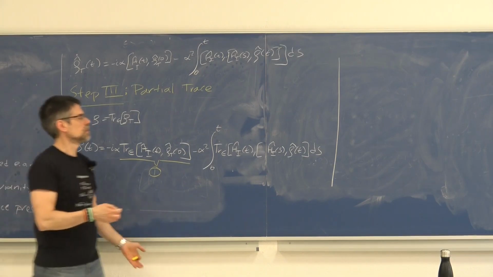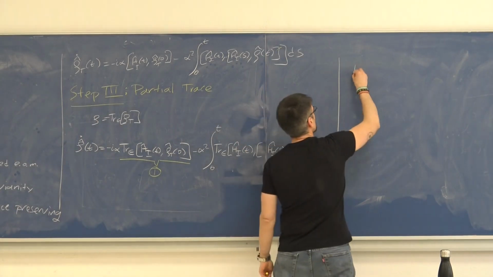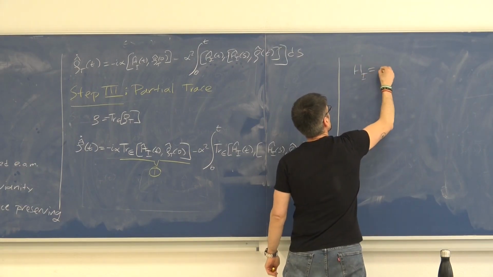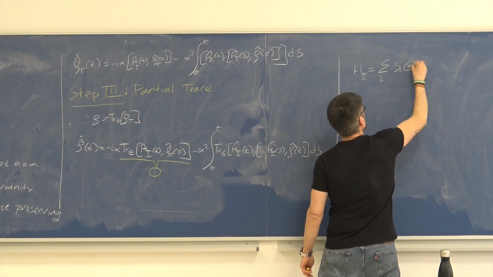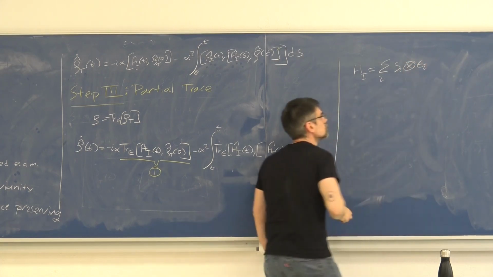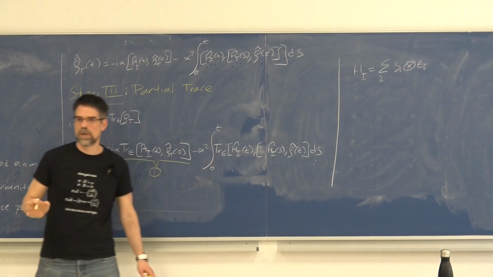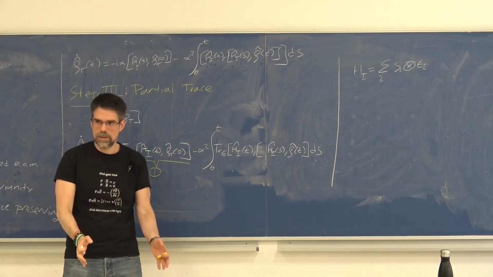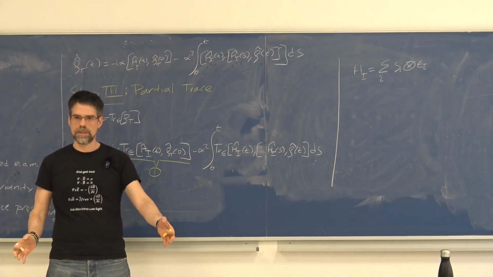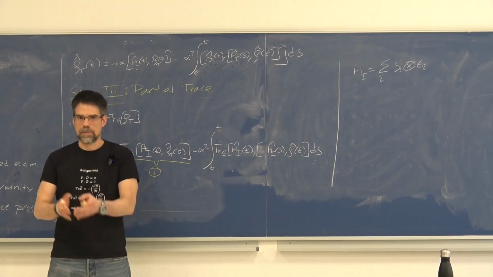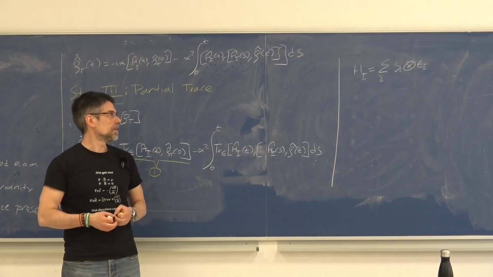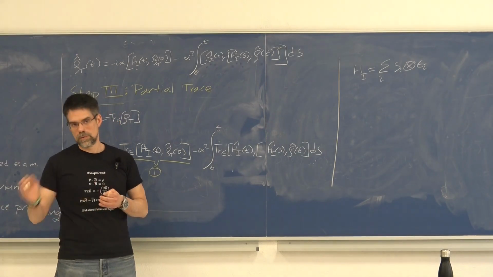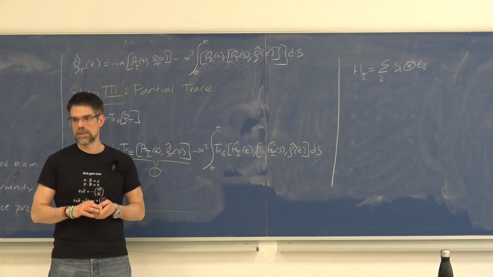Without any assumption, we can write that H_I has this form: sum over i of S_i times E_i. This does not require any assumption. For any Hamiltonian with two Hilbert spaces, you can separate the part that affects the system and the part that affects the environment, but you have to sum over several of them to make the composite.